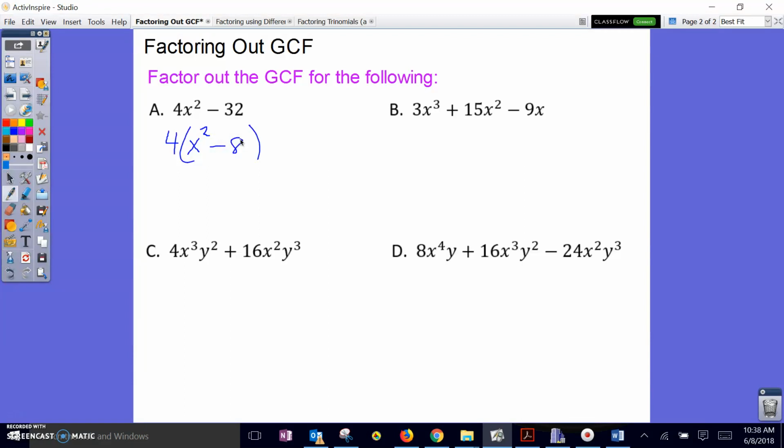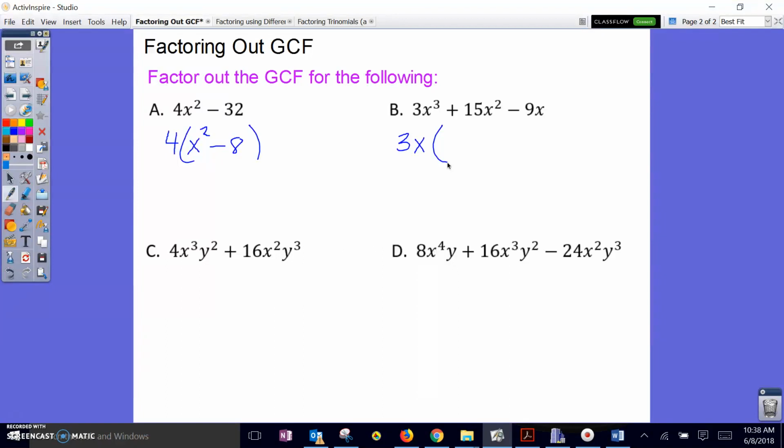All right, now in part B, we're going to look at one with 3 terms. So we find the GCF of these 3 terms. The largest number that divides into all 3 of them is 3, and the largest power of x that divides into all 3 is x to the first. And now when we pull the GCF out, instead of only having 2 terms in our second factor, we're going to have 3.